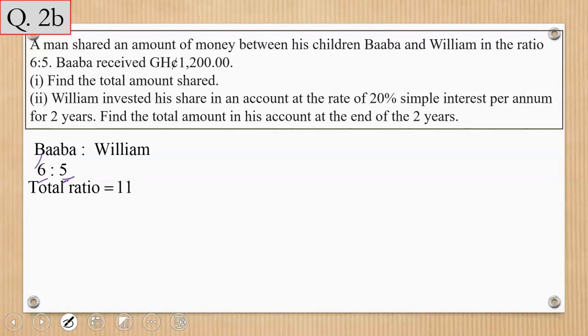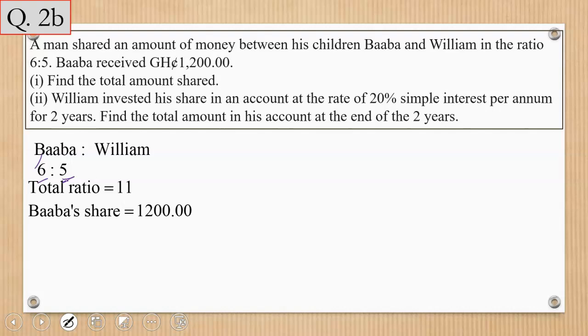Then the question also said that Baba received 1,200. So for us to find how much Baba received or William received, normally what we do is pick the ratio, say Baba's ratio over the total ratio times the total amount they are sharing.